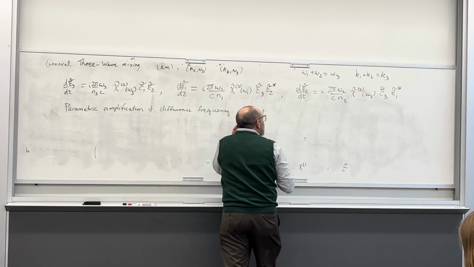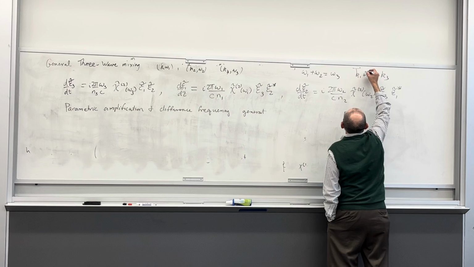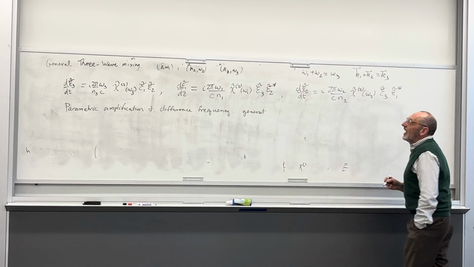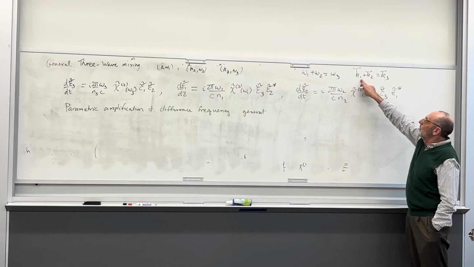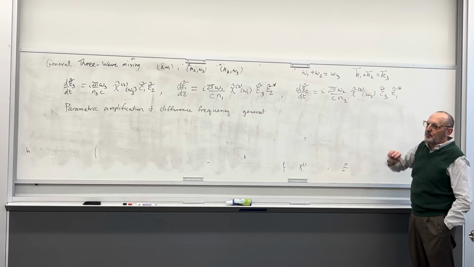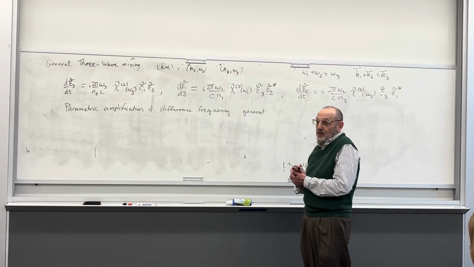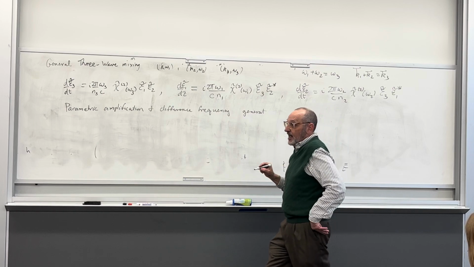Now, I'm going to be a little bit more general here and assume that the two waves, K1 and K2, need not be co-propagating. I could have them co-propagating, but I don't have to.